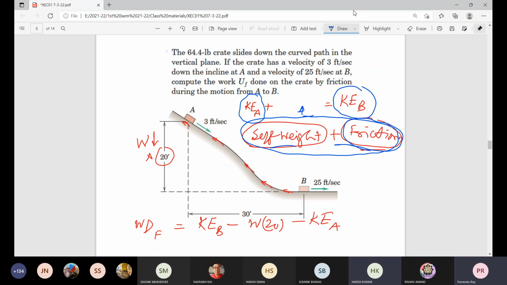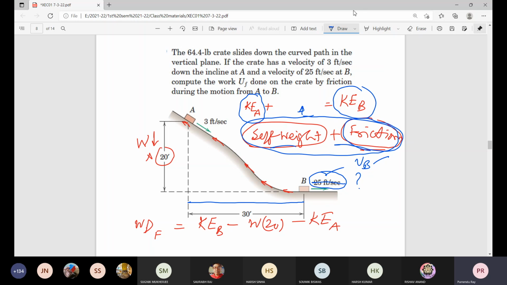Final kinetic energy is given in terms of this given velocity. It's not like we need to find out the velocity at B. If it was asked, in that case, definitely we could calculate in this way.